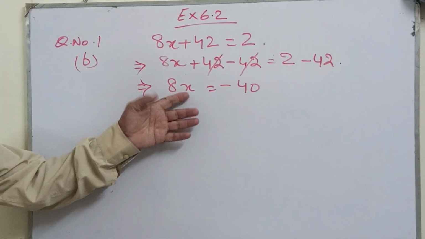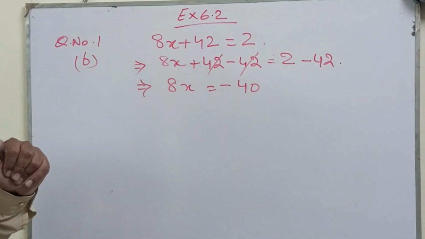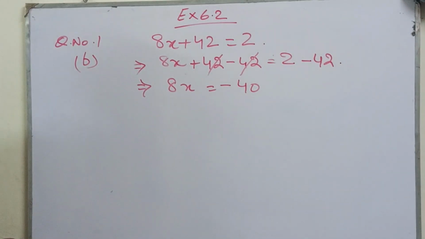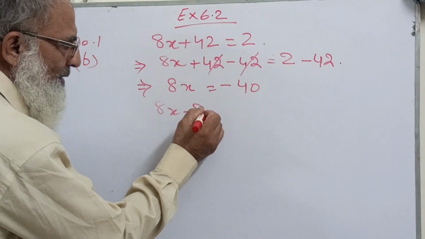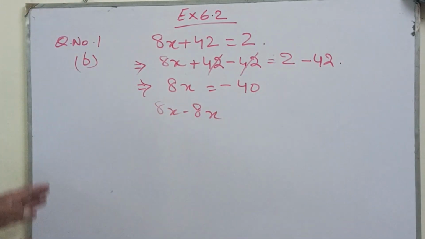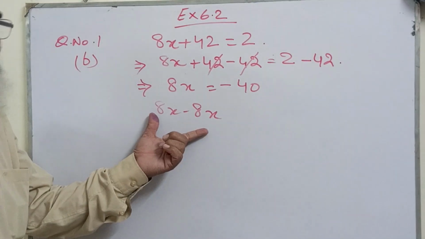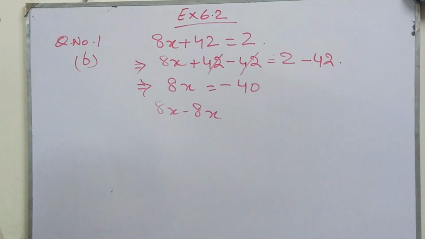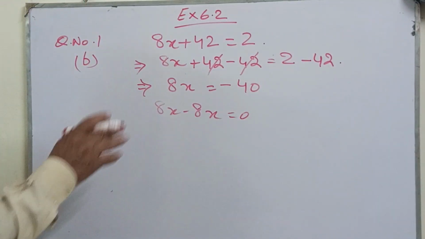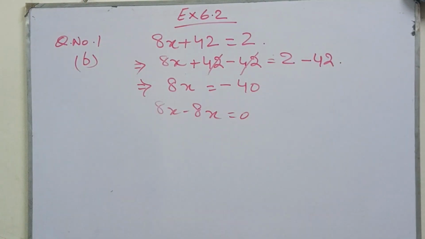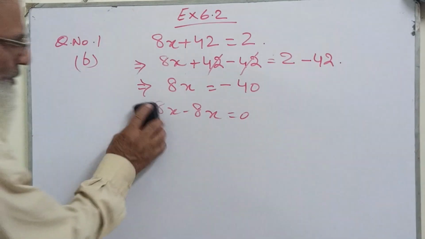To obtain x, we have to make it 1. And how do we make it 1? Like this: 8x minus 8x, no, it will become 0. Now 8x minus 8x, what will it give? It will give 0 instead of 1. So this is the wrong thing we are going to do. No, we are not going to do this.